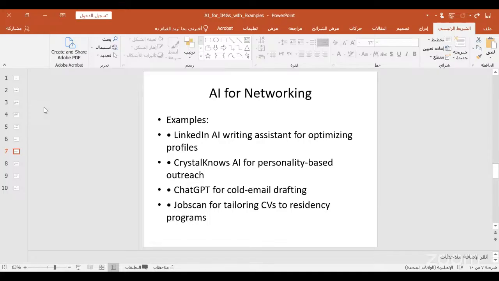So Job Scan is basically for when we are applying to a specific job, and I'm not talking here about the residency itself, but in general for junior doctors in the MENA region applying for a specific job. They can use Job Scan to tailor their CV to the jobs they are applying to, because this will rank them high at the top of the applicants.